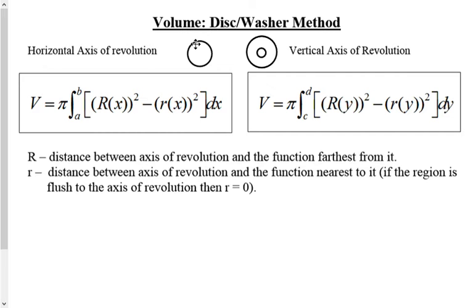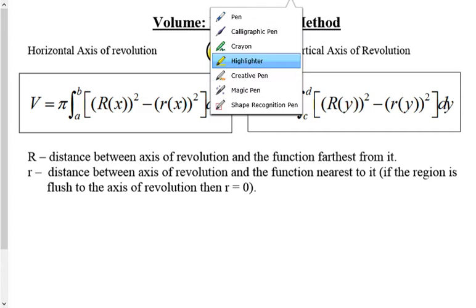It's really important that we know how to find the area of a circle. If we make a disk, a solid circle, then the area of a circle is just pi times the radius squared. If it's a washer, then we're only doing the region around, making circles that are hollowed out in the middle.